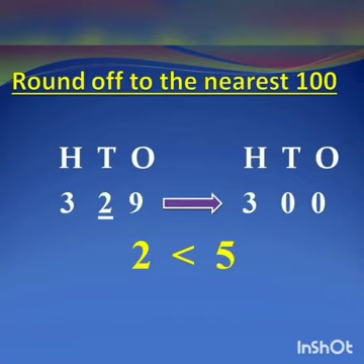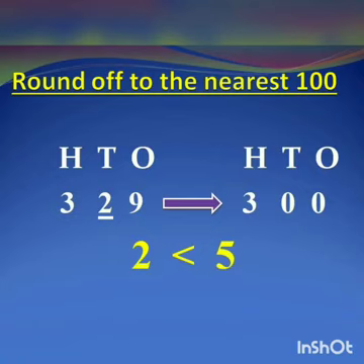Let's solve an example. Here the number is 329. As we can see, number 9 is at ones place, 2 is at tens place and number 3 is at hundreds place. To round off this number, we have to compare the digit which is at the tens place with number 5. So here number 2 is at the tens place and we need to compare number 2 with number 5.